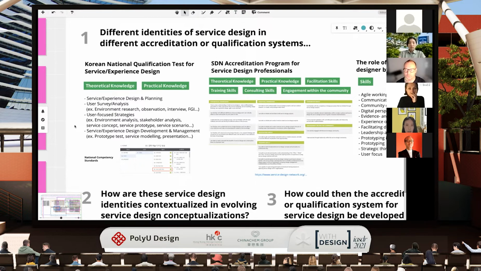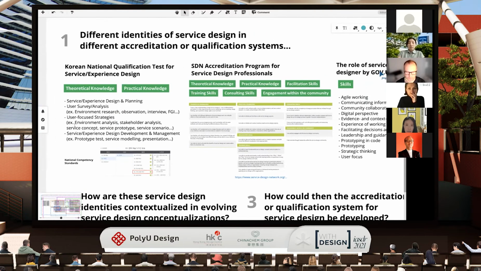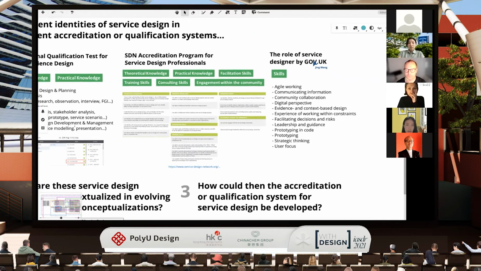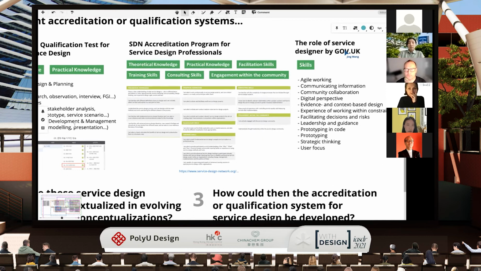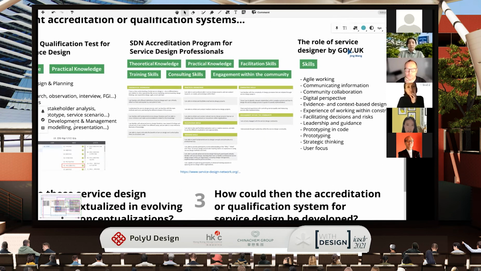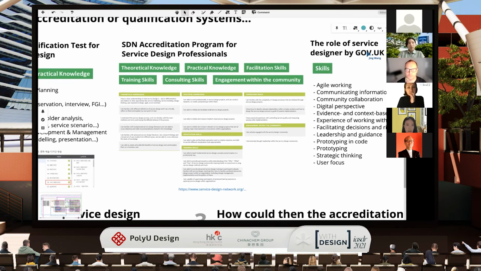Second, I brought also the Service Design Network accreditation program for service design professionals and masters. This program actually demands 6 different knowledge and skills. And unlike the South Korean case, except for theoretical and practical knowledge, here we can see facilitation skills, training and consulting skills, and engagement within the community.